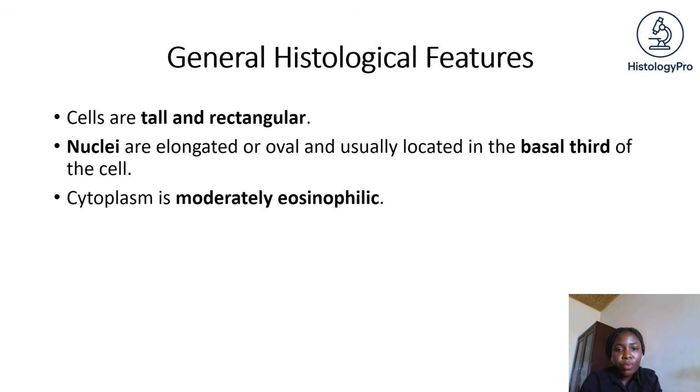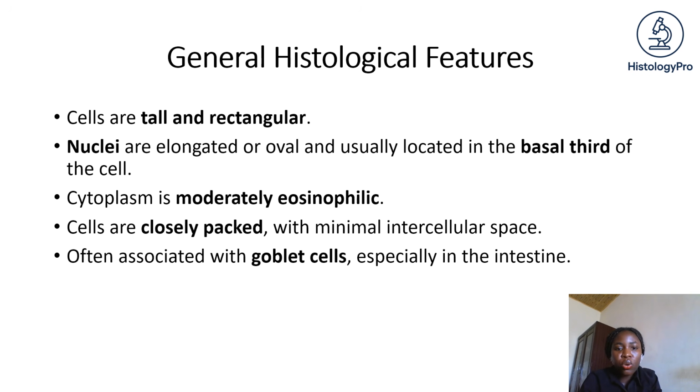The cytoplasm stains pink with eosin, indicating a moderate amount of protein content. The cells are closely packed together, so there is little space between them. In many locations, especially the intestine, you will also notice goblet cells mixed in, which are specialized for mucus secretion.